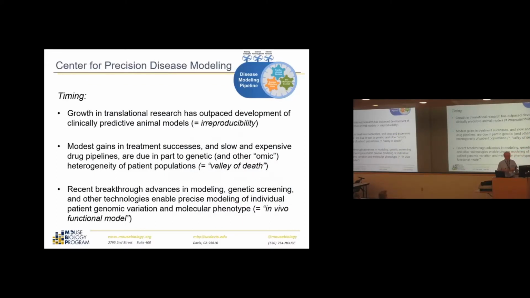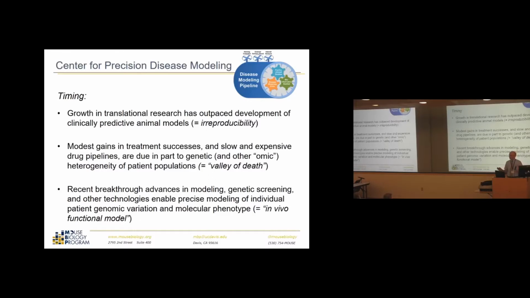One is there's this growth in translational research as we're all involved in. It's outpaced the development of clinically predictive animal models. The simple knockouts, do a knockout and see what it has, as opposed to here's a human phenotype, let's see if we can model it with an animal. So again, we want to overcome irreproducibility. The second is that there's really only been modest gains in treatment successes and slow and expensive drug pipelines, due in part to genetic and other omic heterogeneity of populations.